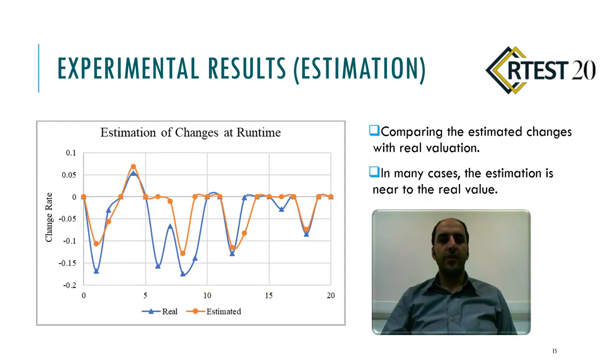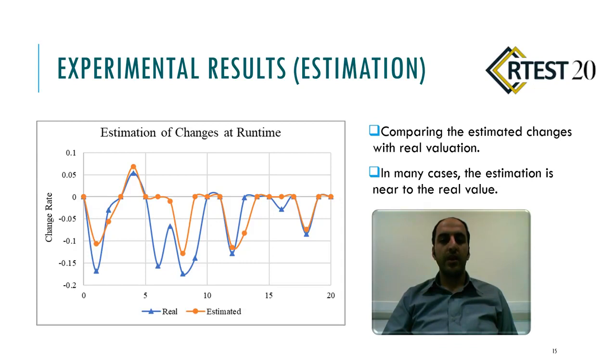Well, we have designed 3 experiments for evaluating the correctness of the proposed solution. The first experiment, regarding the imperfect monitoring scenario, is estimation of change at runtime. We have used self-avoiding random walk for generating a pattern for each current run of the self-adaptive system.